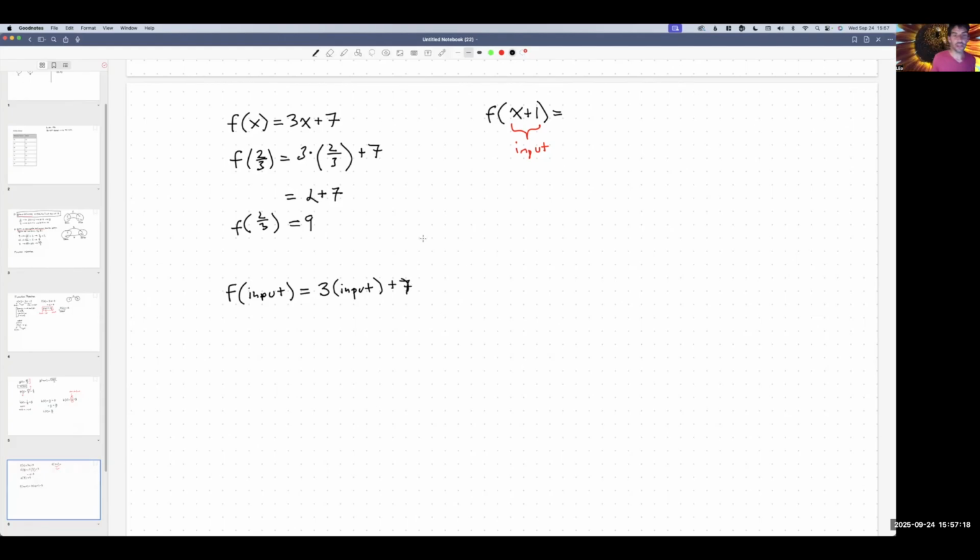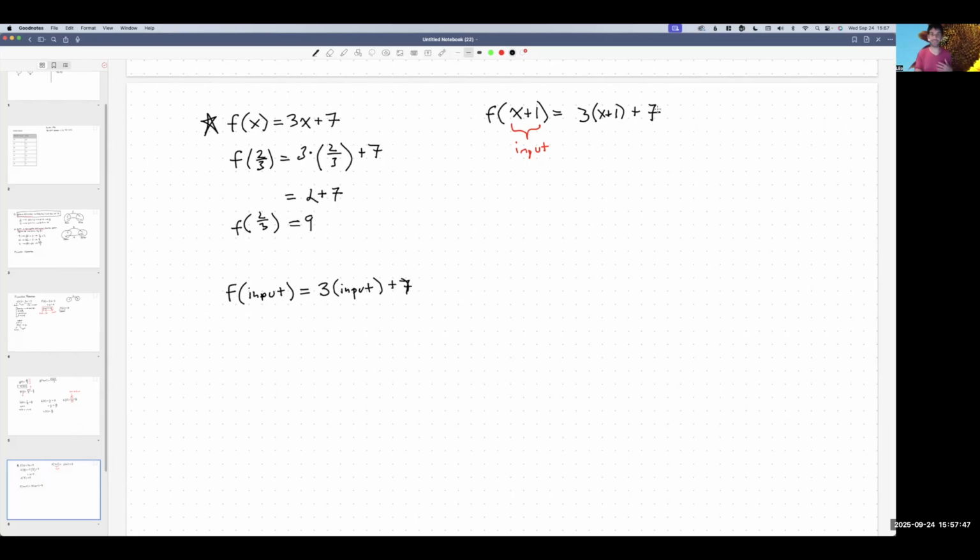Right? So with that in mind, the instruction is not different. The instructions right here are take an input, multiply it by 3, add 7 to it. Our input right now is x plus 1. I want to multiply that by 3 and add 7 to it. That's it.